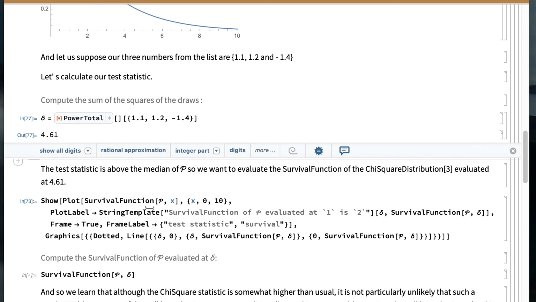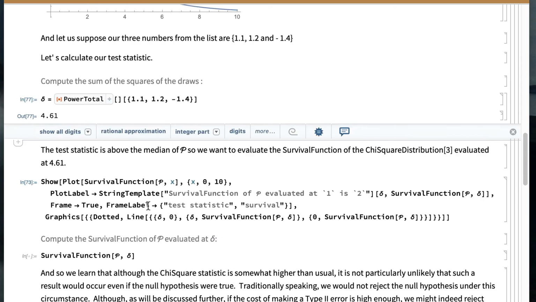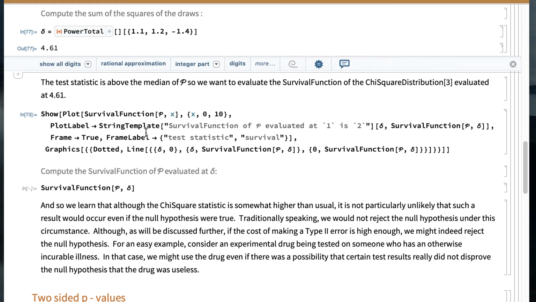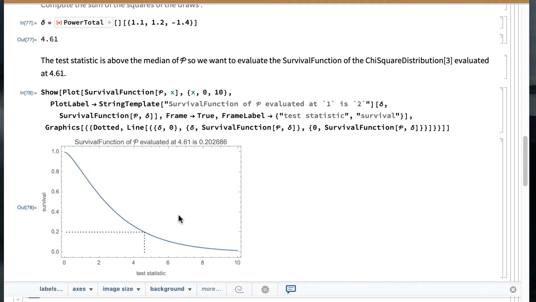And so now what we want to do is to see where 4.61 falls on the survival function of our test statistic. And so you can see, there's our 4.61, there's the survival function of our test statistic, and you can see it falls at about 0.2.